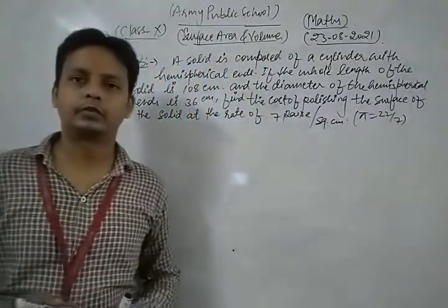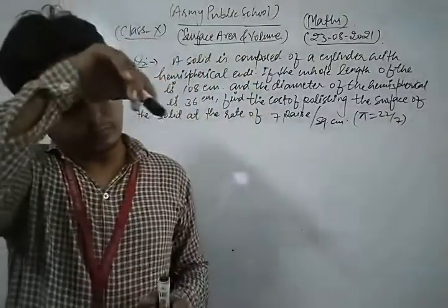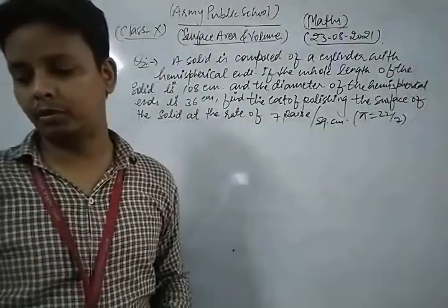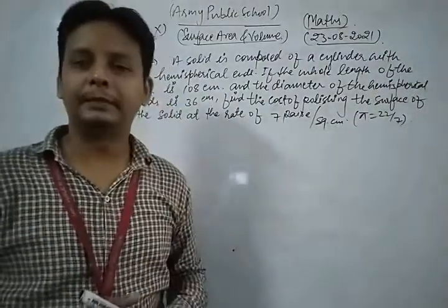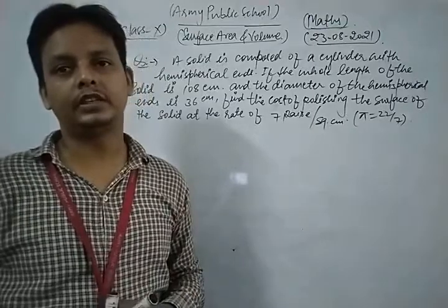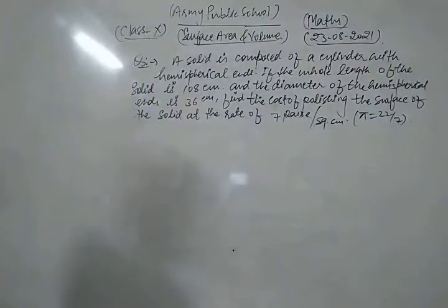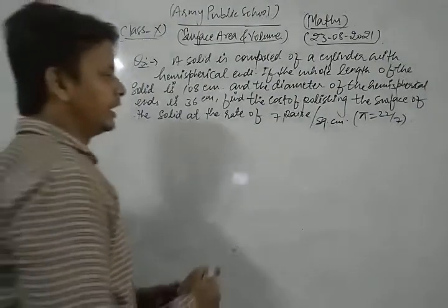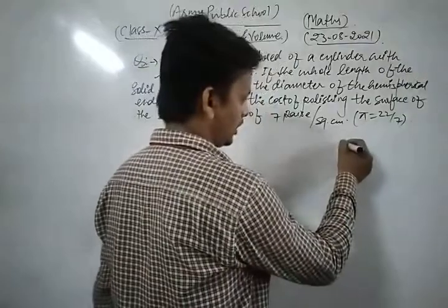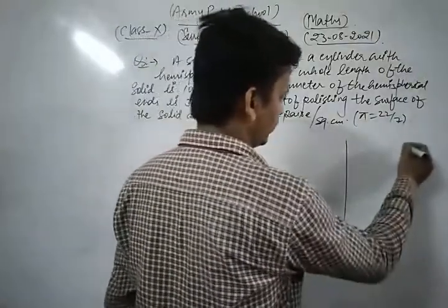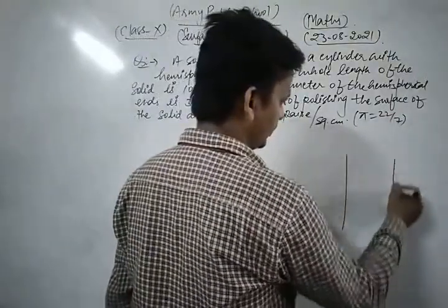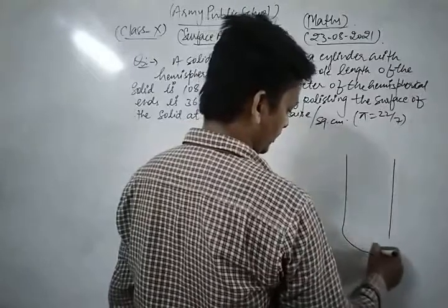Now look, dear students, this is a very important question based on the chapter surface area and volumes. In this question, the solid is composed of a cylinder with hemispherical ends. The solid is in this form; this is the hemispherical end.